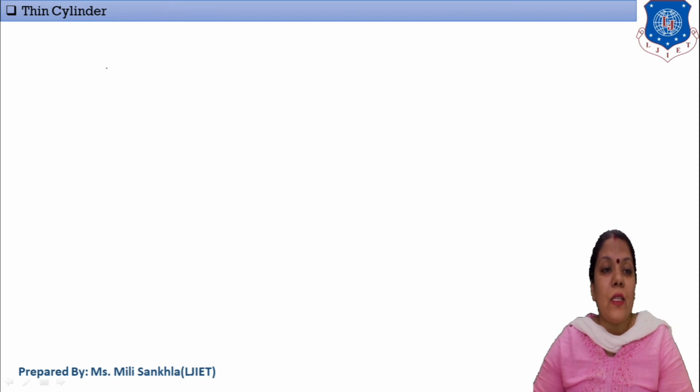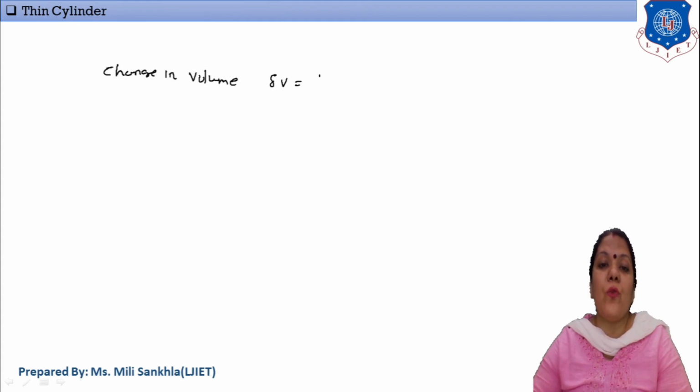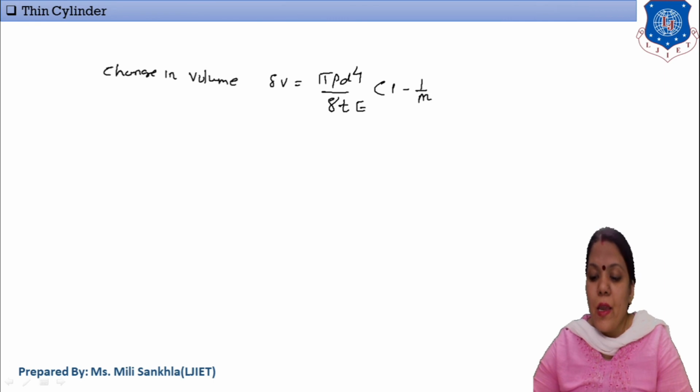Okay, now write down here the equation of change in volume for spherical vessel: del V is equal to pi P D raised to 4 by 8 T E, into (1 minus 1 by m).